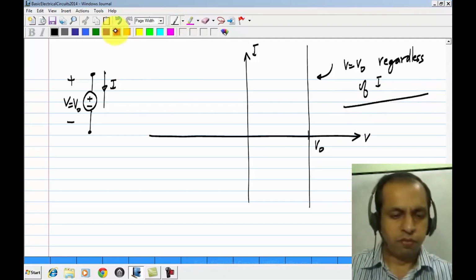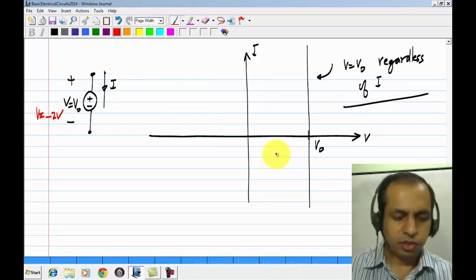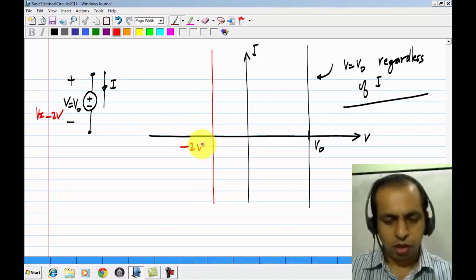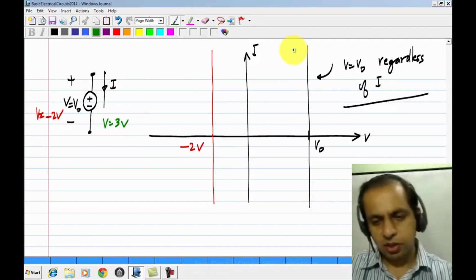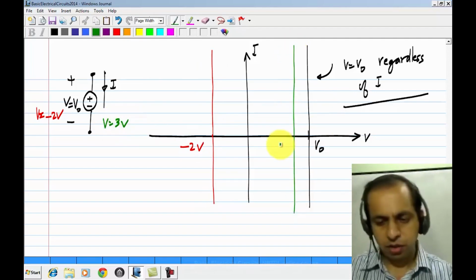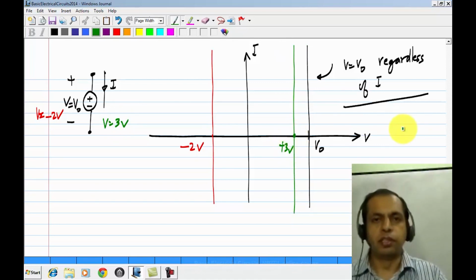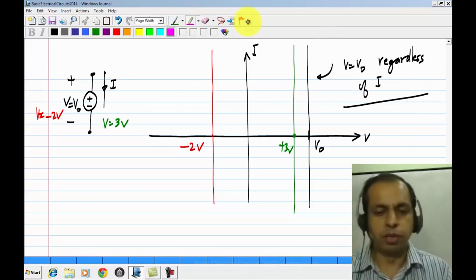Now, if V happens to be minus 2 volts, then this vertical line would be at minus 2 volts. If V happens to be 3 volts, the vertical line will be at plus 3 volts. So this is what the characteristic of a voltage source looks like graphically. This voltage source will be used in circuits to establish a certain voltage between some given terminals.